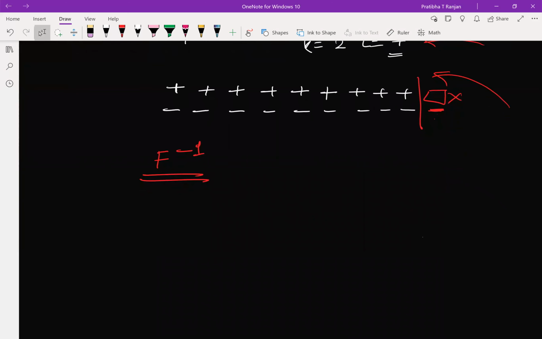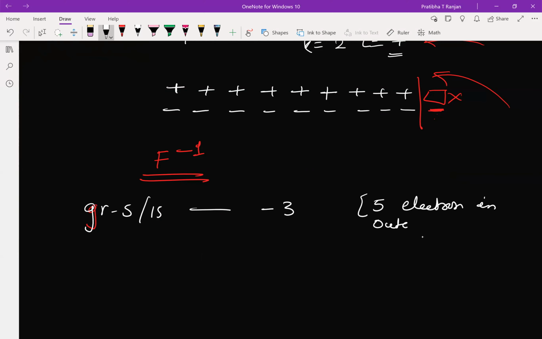In the same way, oxygen is ending with 6. So it needs 2, so it will develop a negative 2 charge. Group 5 or 15 will develop a negative 3 charge because they have 5 electrons in the outermost orbit.